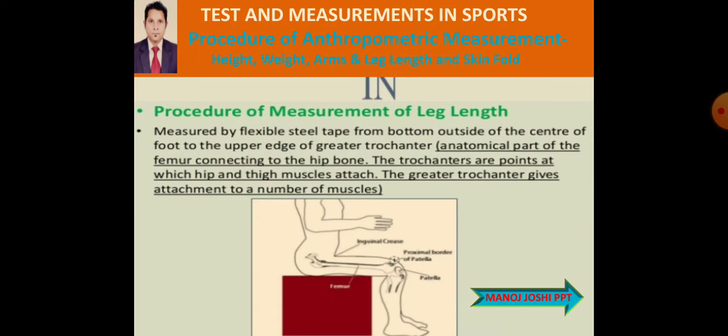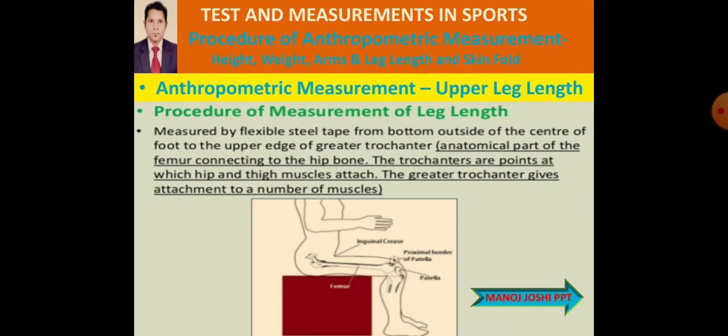Now, anthropometric measurements of the upper leg length. Procedure of measurement of leg length. It is measured by a flexible steel tape from the bottom outside of the center of the foot to the upper edge of the greater trochanter, that is the anatomical part of the femur connecting to the hip bone.